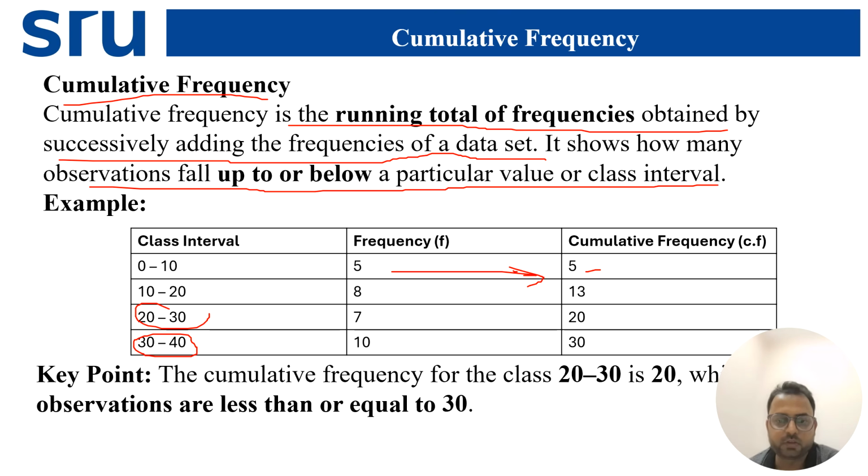So the cumulative frequency for the class 20 to 30 is 20, which shows that 20 observations are less than or equal to 30.